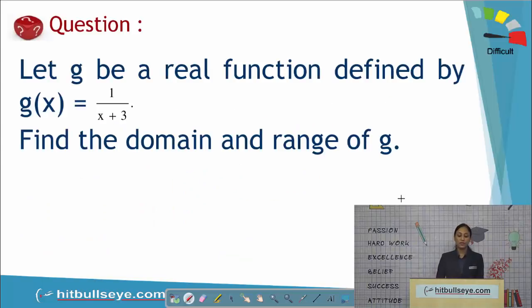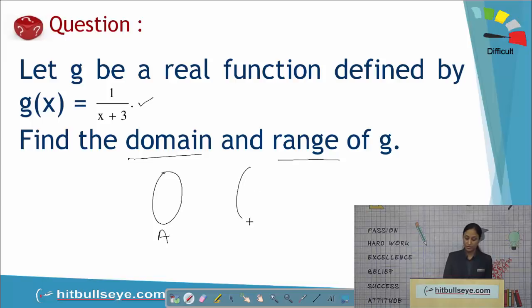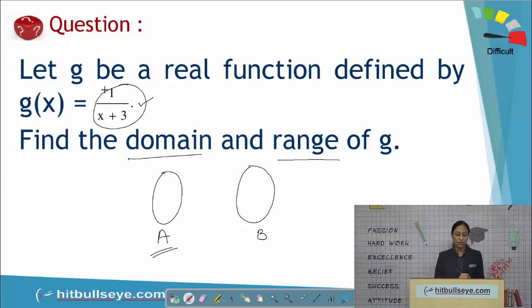In this question, we are given that g is a real function, and this is how the function is defined. We have to find out the domain and range of this function. Now, as we understood in the definition, the domain is the set A and the range is that part of the set B which is the image of some elements of A. So the domain will be the entire set A for which this expression is valid, and you can easily observe that this expression will not give me a real answer for x equal to minus 3.